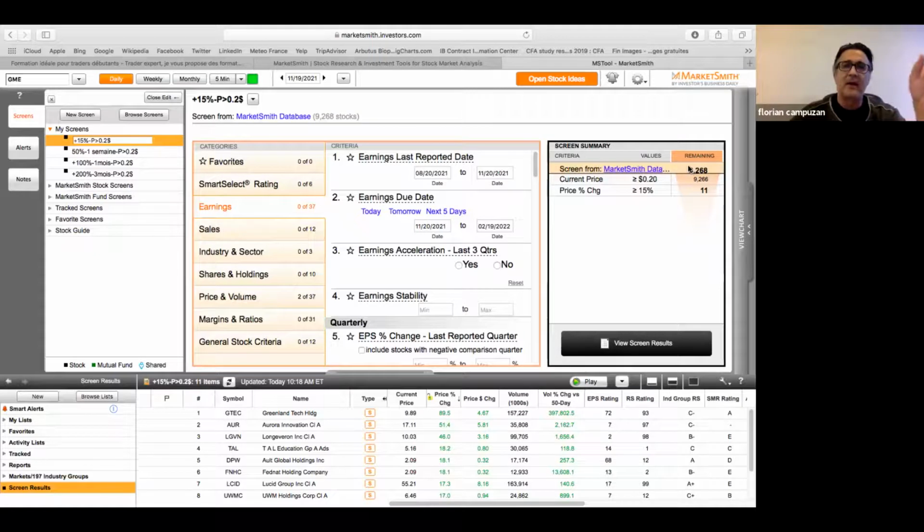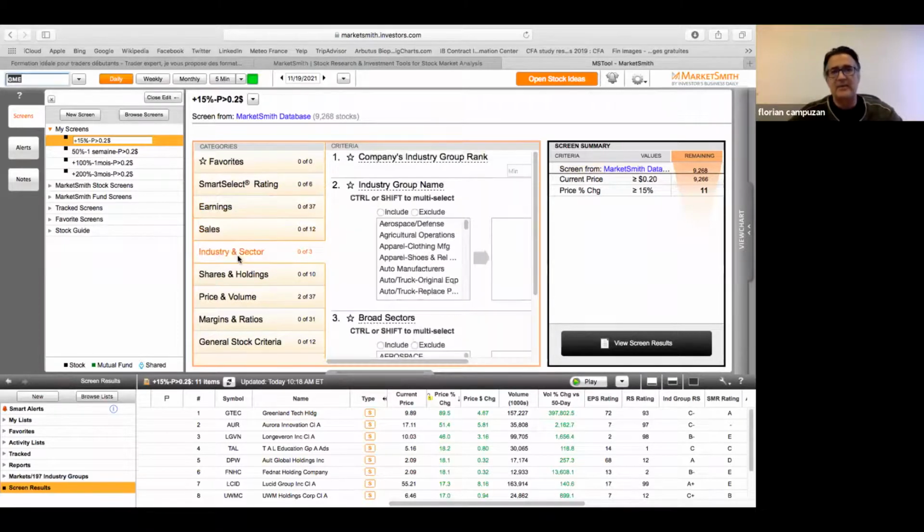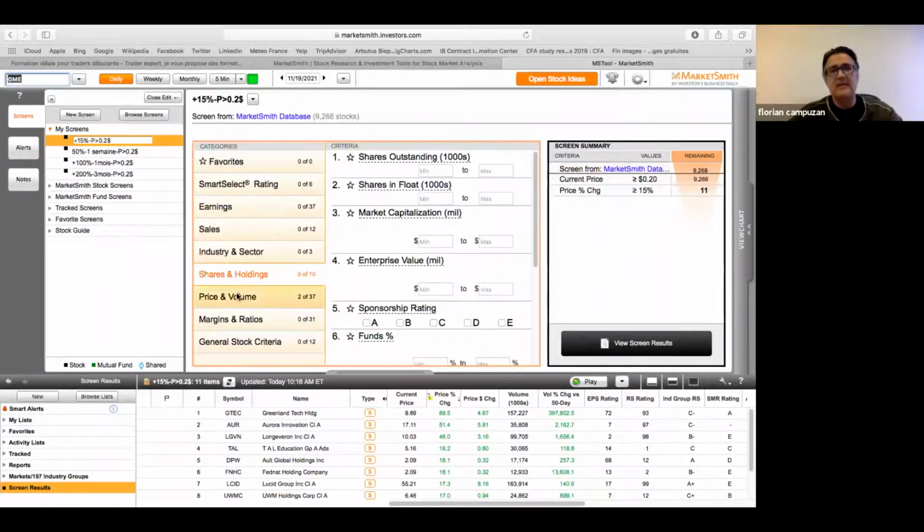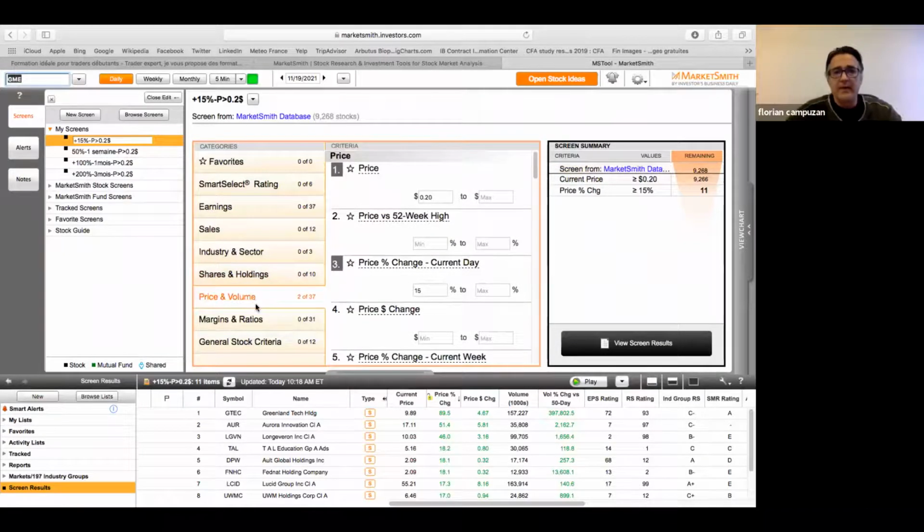I'm talking about the US stock market, Nasdaq only, the regulated market. Nasdaq, Amex, nice. You have 7,500 stocks. You have many indicators: sales, industry sector, shares and holdings, price and volume.